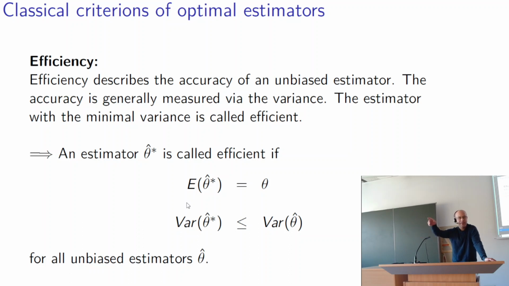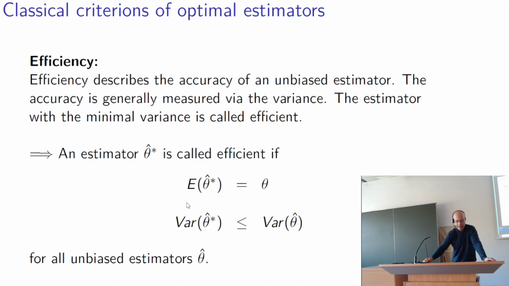I know that I'm above or below the true value. But then it would also be a good property that the distance or the error of my calculated number will be as small as possible.